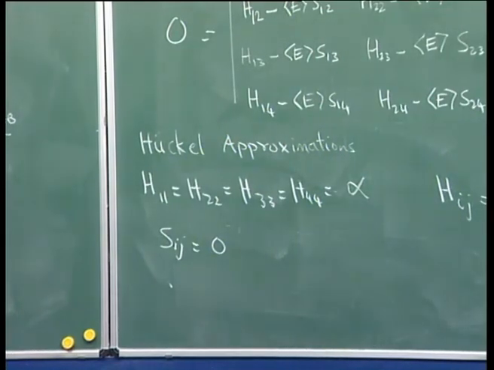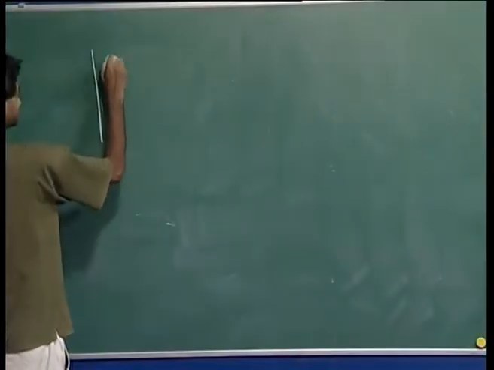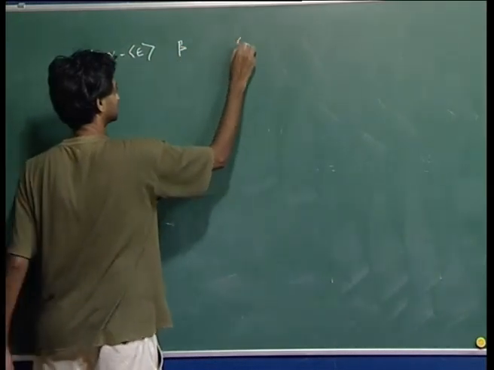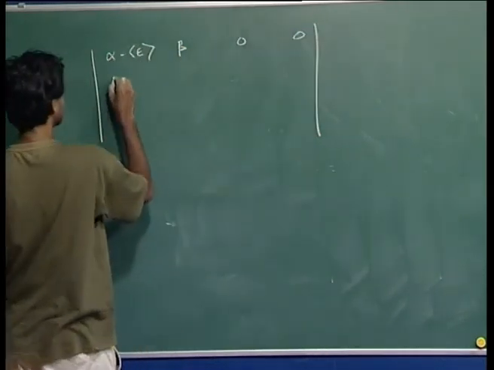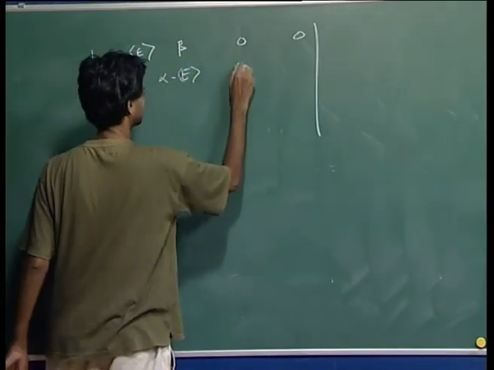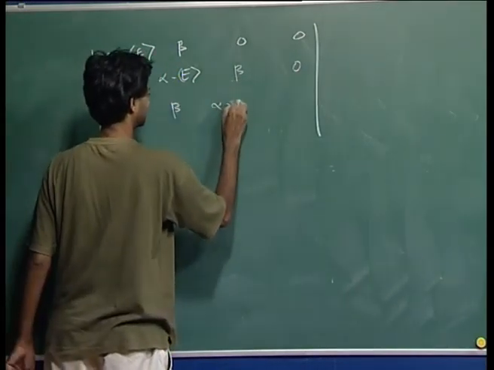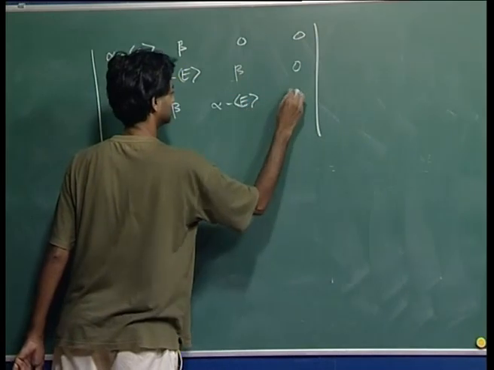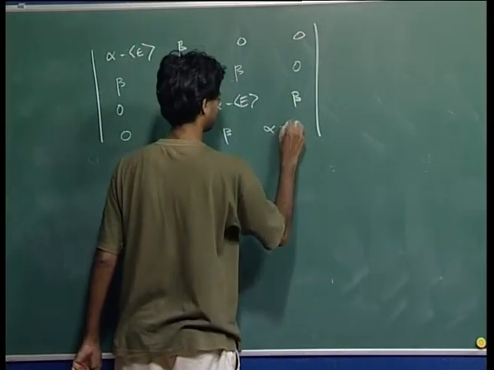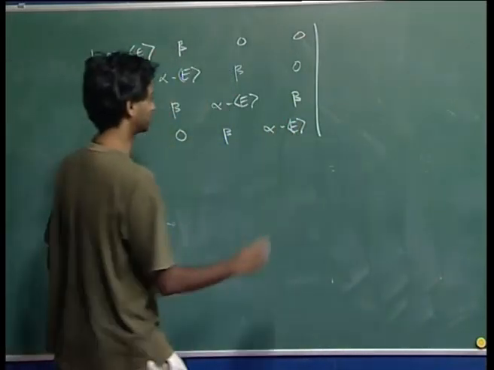With this simple approximation, this determinant can be written as alpha minus E, beta, 0, 0; beta, alpha minus E, beta, 0; 0, beta, alpha minus E, beta; 0, 0, beta, alpha minus E. And this will be equal to 0.